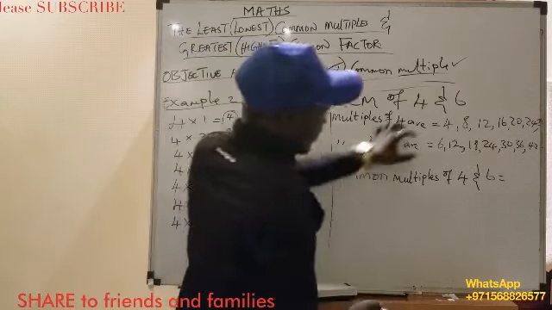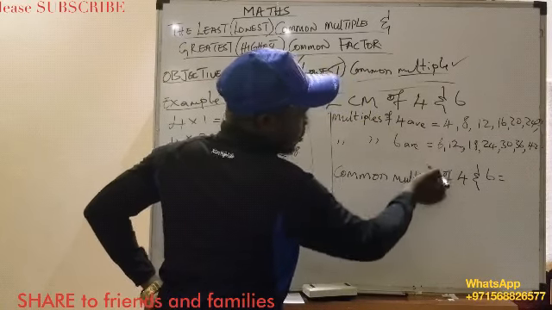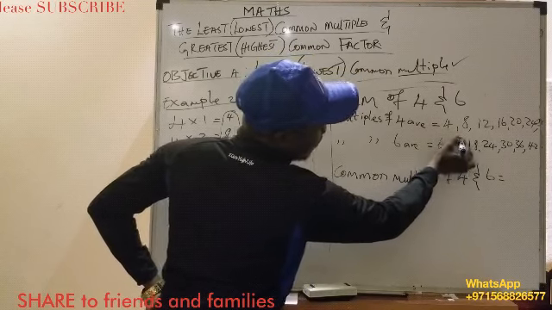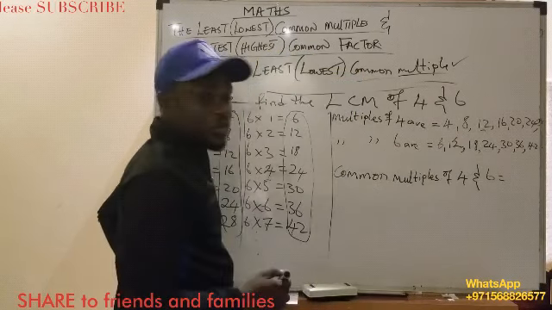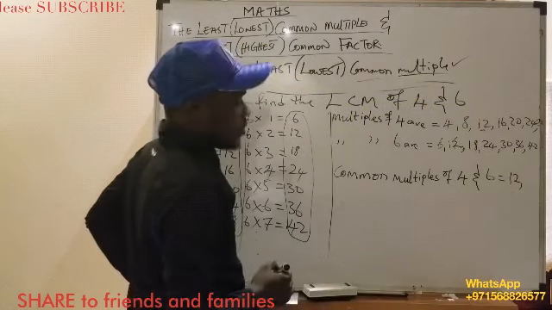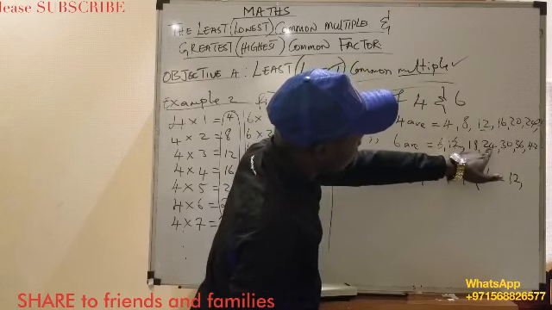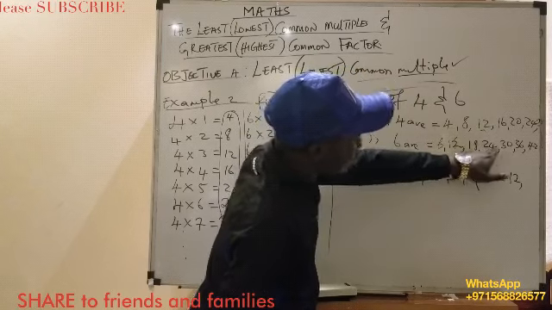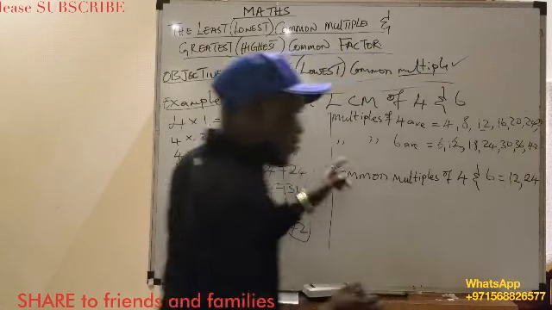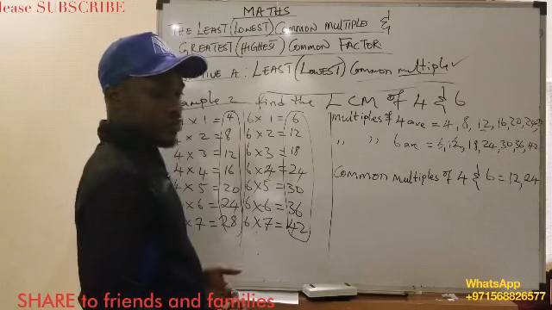So we'll start. 4 is not in the two, 6 is not in the two, but 12 is the first number that appears between the two. So 12 is one. We continue. Another one that appeared twice is 24. 24 is also a common multiple of 4 and 6, till infinity.